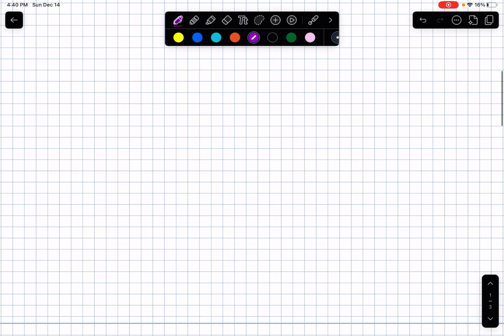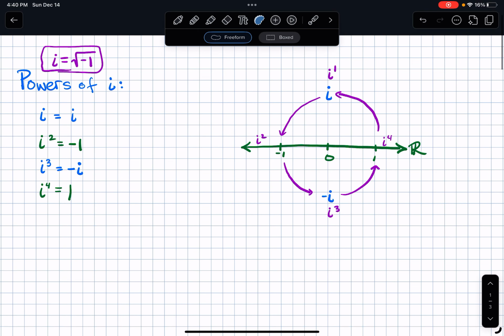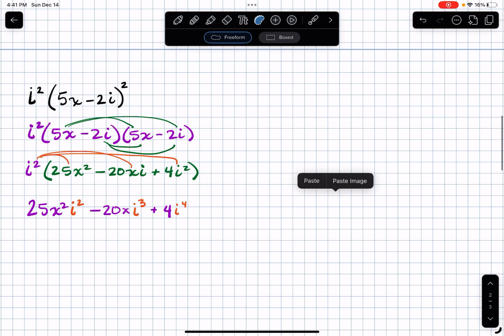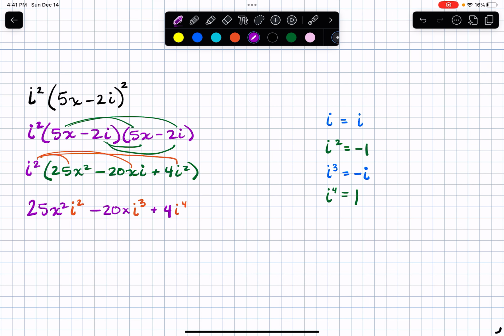However, we know from our prior page that our powers of i can be re-expressed in terms of i itself. So i squared we know to be -1. I can rewrite this term as 25x squared times -1. i to the third we know to be -i.